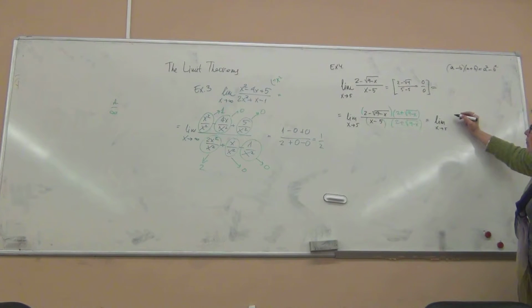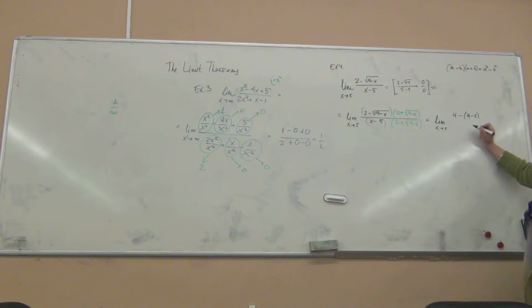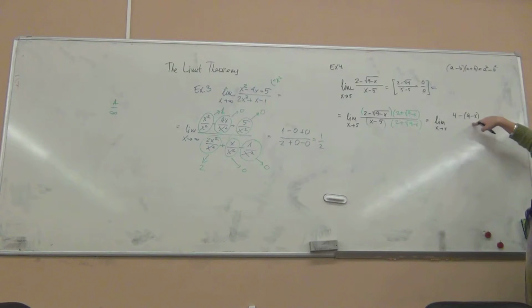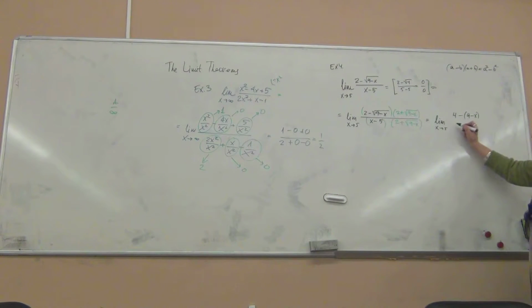And so I have 4 minus simply 9 minus x without the square root. 2 squared minus the root squared. The root squared is 9 minus x. Don't forget the brackets. Never forget the brackets. X minus 5.